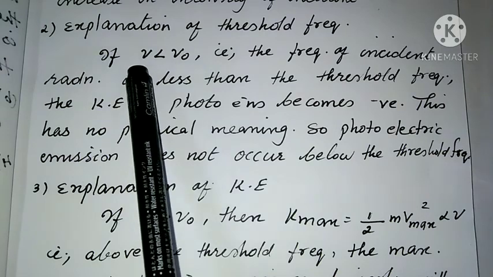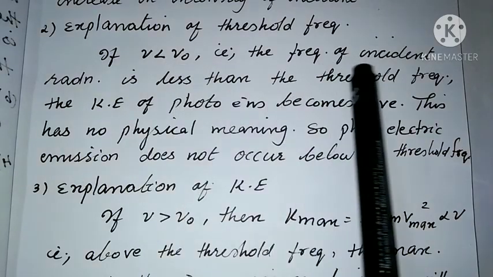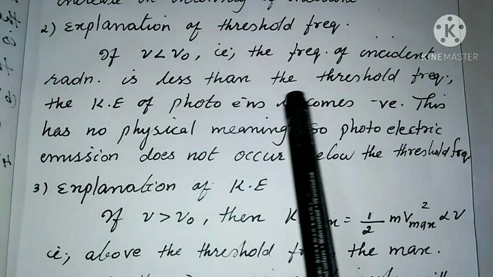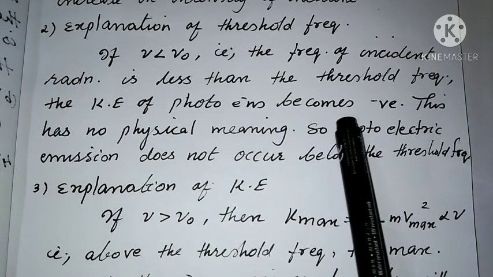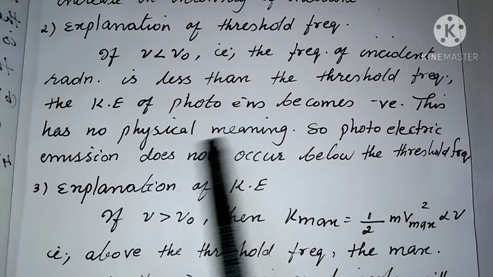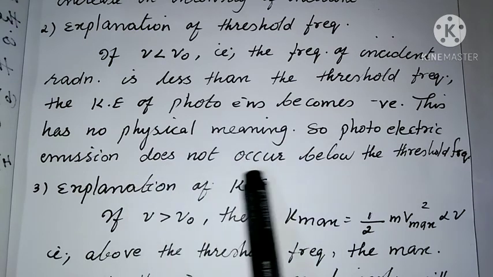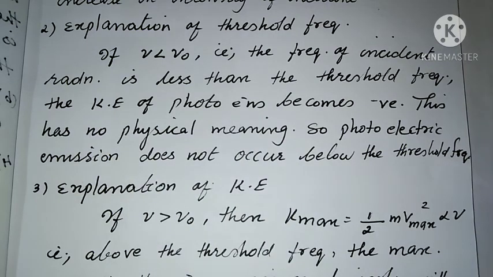Once again, if the frequency of incident radiation is less than the threshold frequency, the kinetic energy of photoelectrons becomes negative. This has no physical meaning, so photoelectric emission does not occur below the threshold frequency.